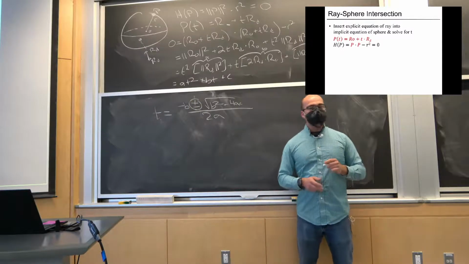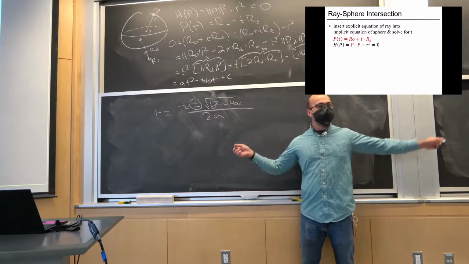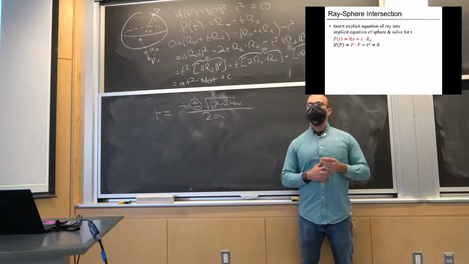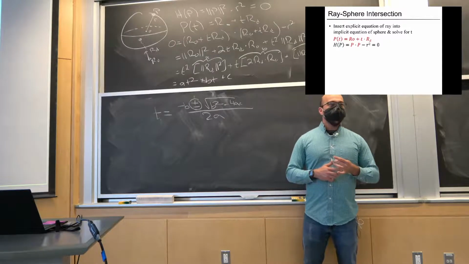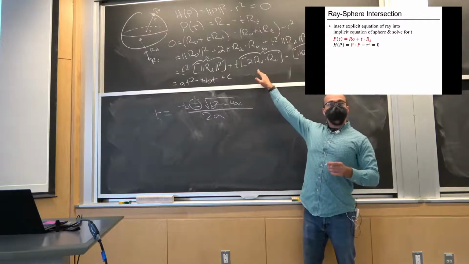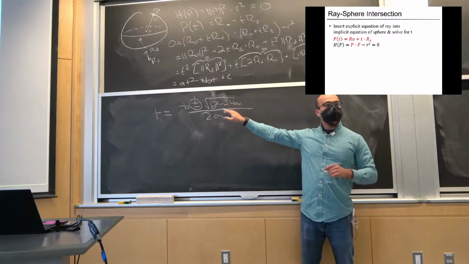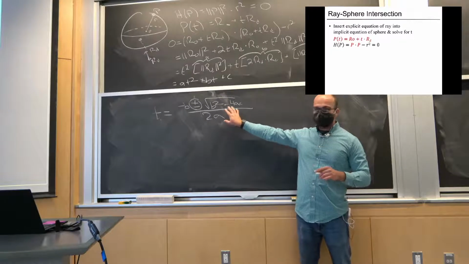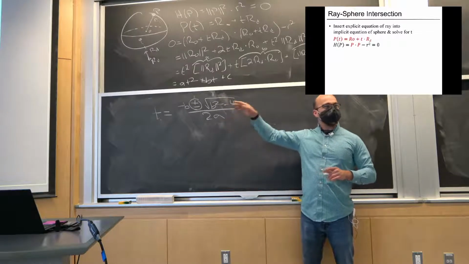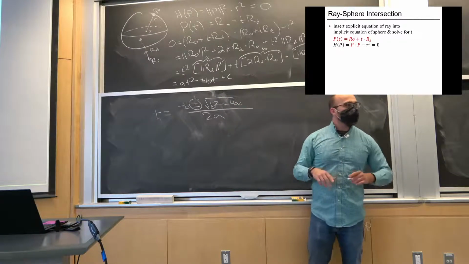Those are all the places that our line runs into our sphere. Notice that this is something I can code, right? a, b, and c are just functions of parameters, and now I just plug into this formula. From a numerical analysis perspective, there are actually better ways to implement the quadratic equation, but we're not going to worry about that a whole lot in this class.